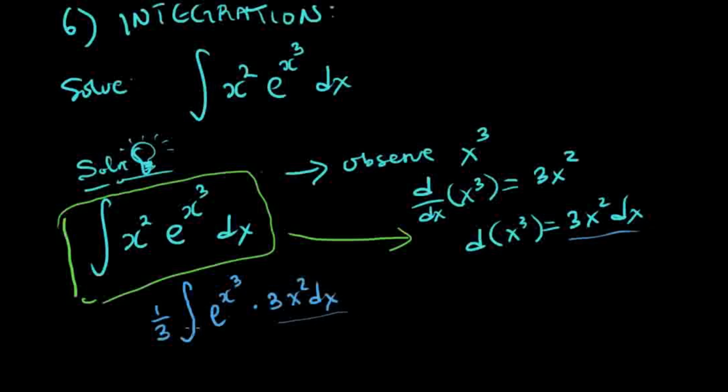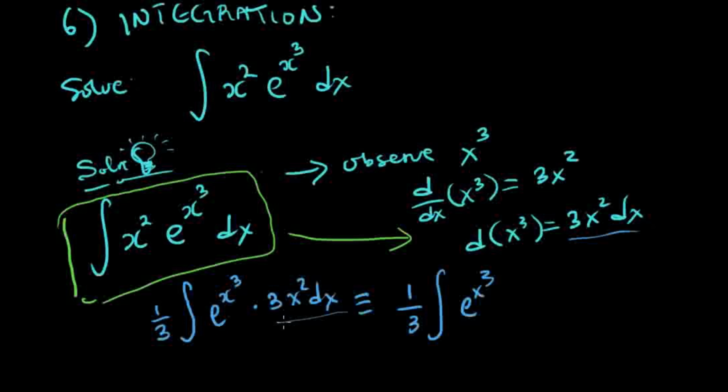Matter cannot be created nor destroyed, right? I introduced a 3 here, and as a countermeasure I introduced a 1 over 3 outside the bracket of the integration. This is mathematically allowed and valid. So going further in simplification, you have 1 over 3 times the integral of exponential x cubed.